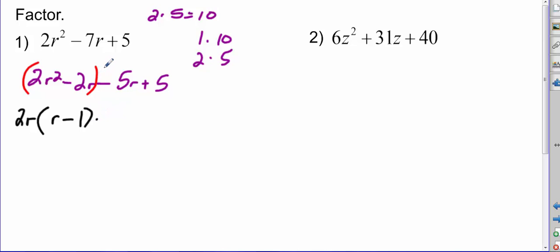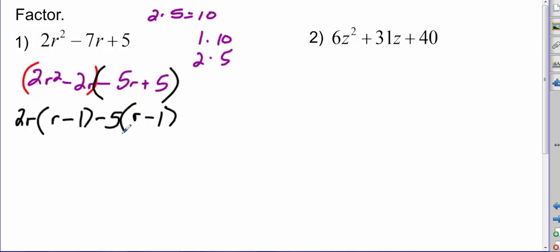Then we need to also break up this one here. We need to get something that's going to equal the set in the first parentheses. So I'd like to factor out a -5 and see what happens. That's going to give us a positive r and a -1.